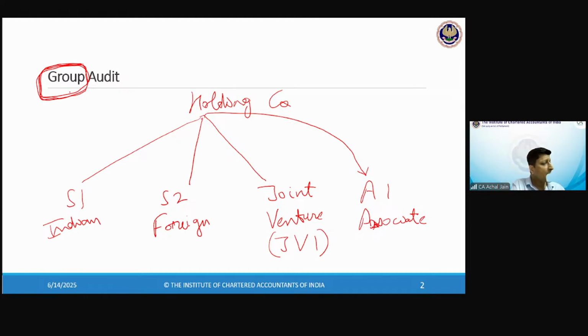Now, in relation to a group, what will you have? You will have all of these companies, and when a company has a subsidiary or a joint venture or an associate, there will be a mandate on the part of the entity to prepare the financial statements of the group, in which the group comprises not only the holding company, but all of these companies.